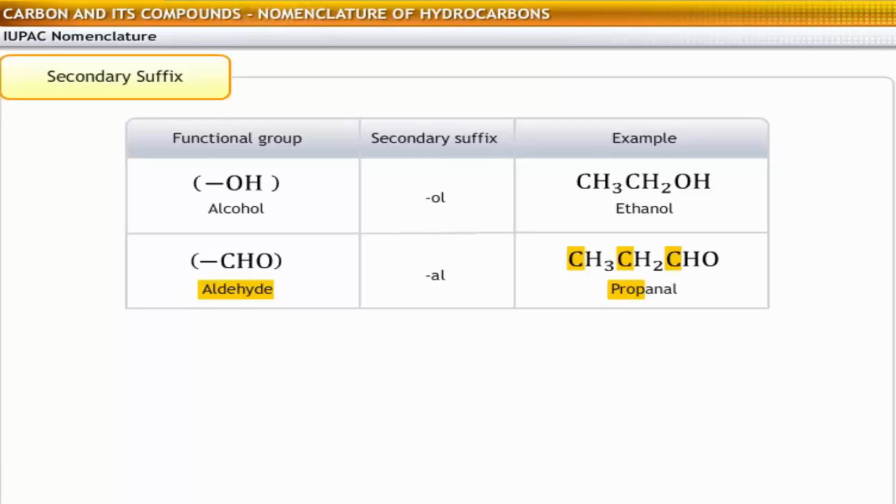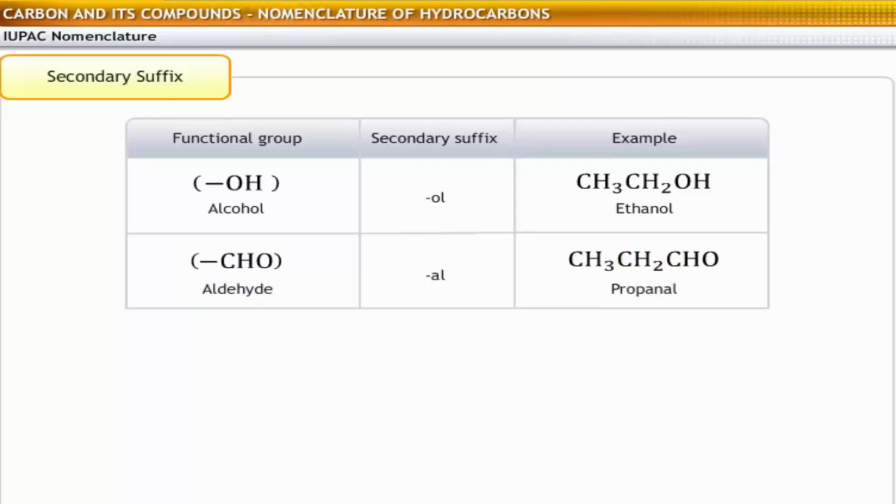The aldehyde molecule is saturated, so the primary suffix should be "ane". However, the molecule contains a functional group CHO, so a secondary suffix needs to be included in the name. Remove the e from alkane and add the suffix "al". Therefore, the IUPAC name of the given molecule is propanal.